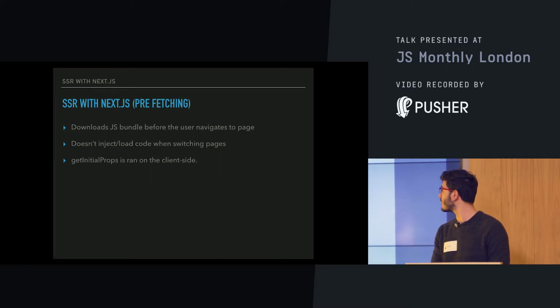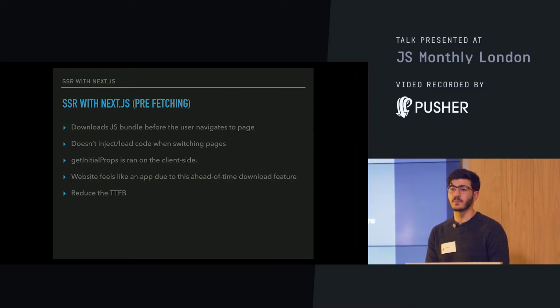This is just a way for Next.js to populate the props before the site loads. It's a nice ahead of time feature that makes your website feel more like a native app because of this ahead of time download. And this solves the TTFB problem, or at least reduces it.